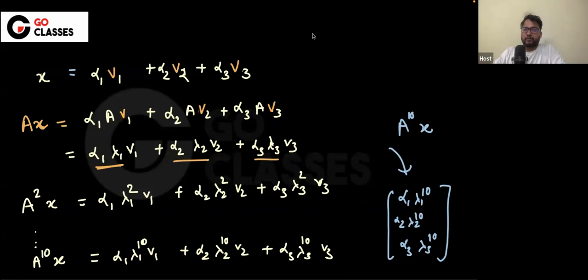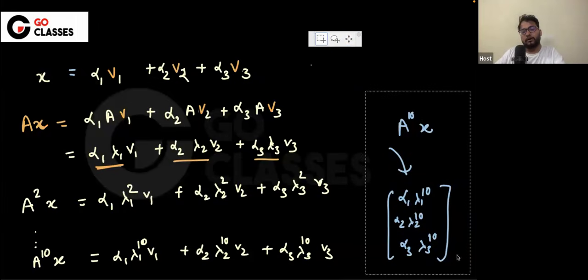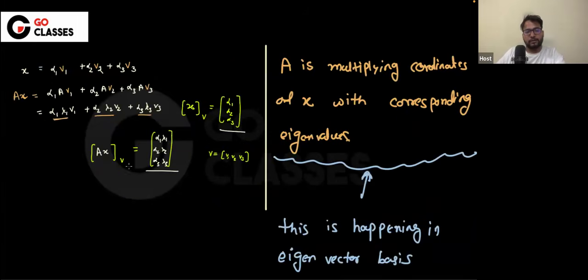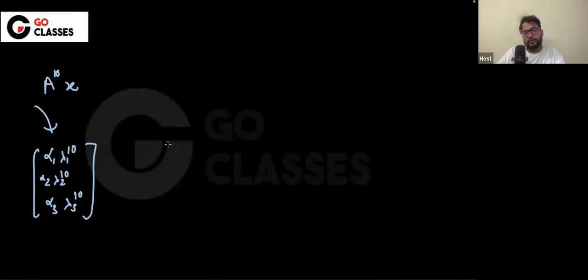So I hope all of you should agree on this. So this is what a matrix is doing to a vector. Now suppose some of these lambdas, let's suppose lambda 2 is less than 1, lambda 3 is less than 1.